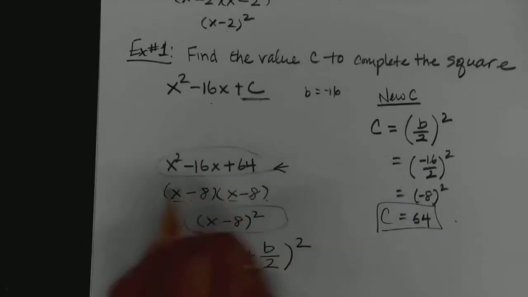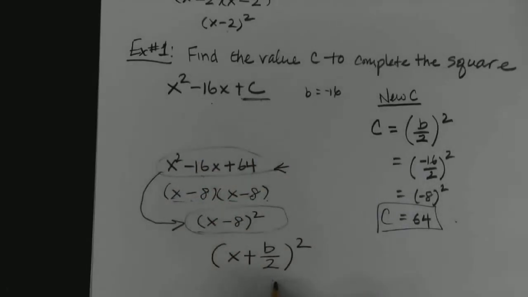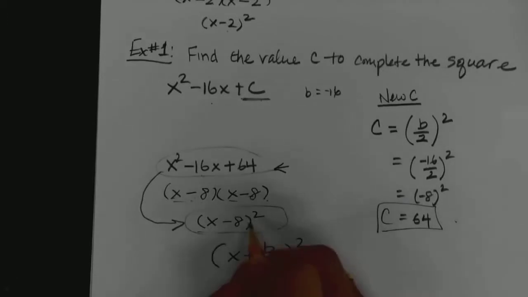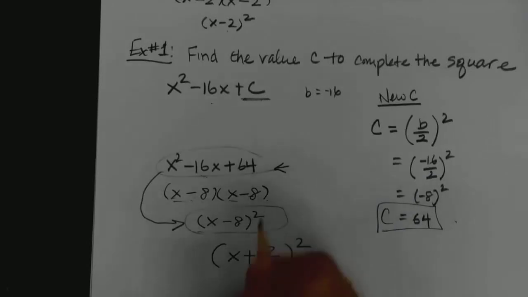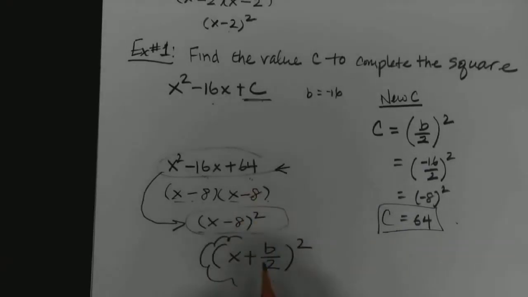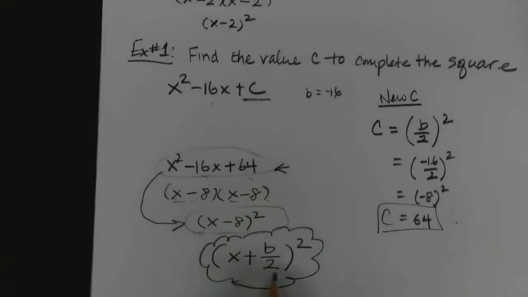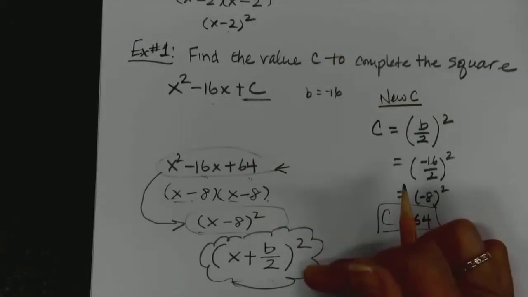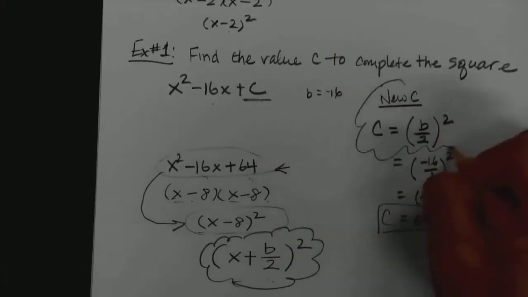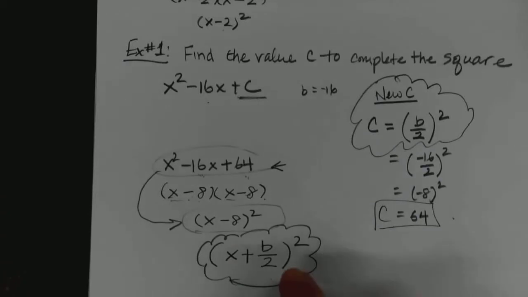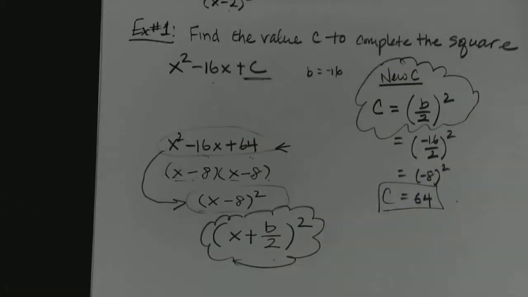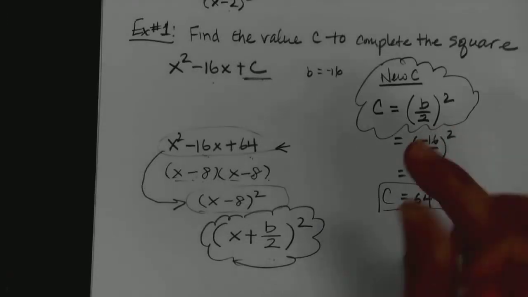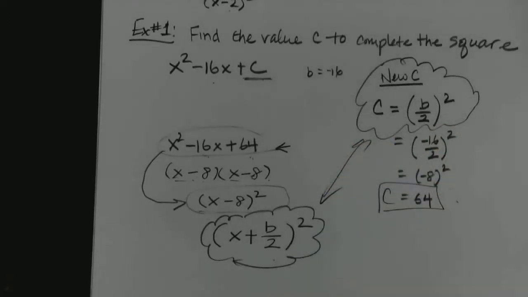So once you get this, you can go directly to this by using this. Isn't this half of negative 16? Yes. So once you get that perfect square, you do this to go from here to here. You need this to find your new C, and you need this to go from this to this when you factor. So two things here that are new.